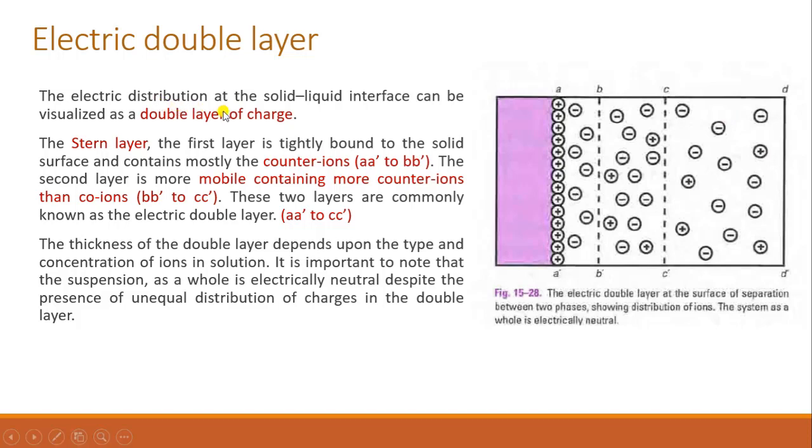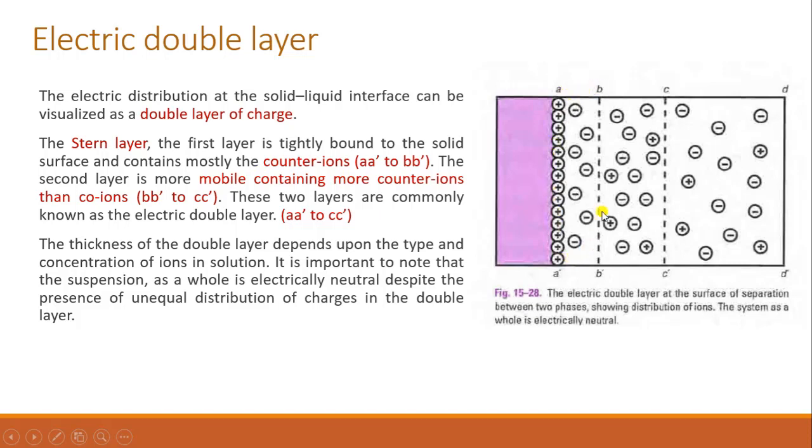The electric distribution at the solid liquid interface can be visualized as a double layer of charge. How? The Stern layer, the first layer, is tightly bound to the solid surface and contains mostly the counter ion, that is AA dash to BB dash.